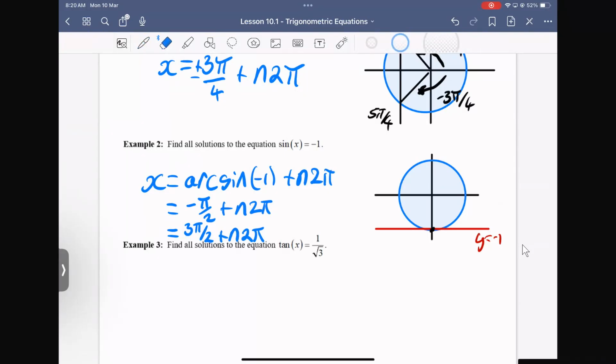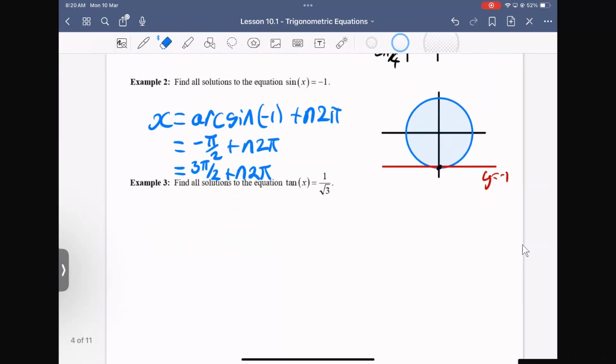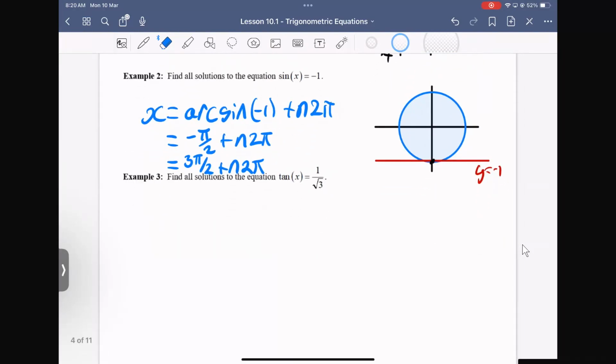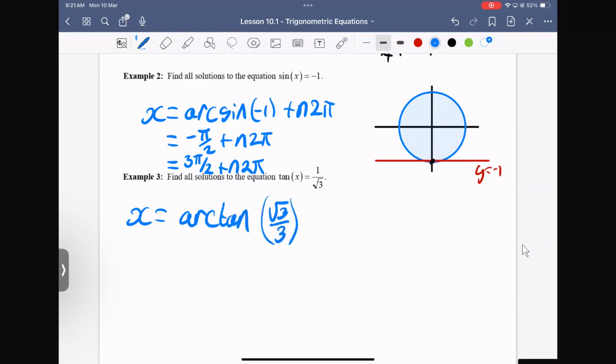All right, number 3. So in this case, we're finding all of the solutions. So if we were to take x is equal to arc tan of root 3 over 3 plus n pi, what's this one going to give us?